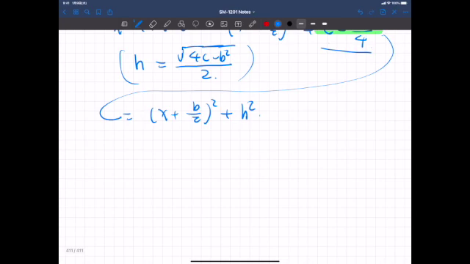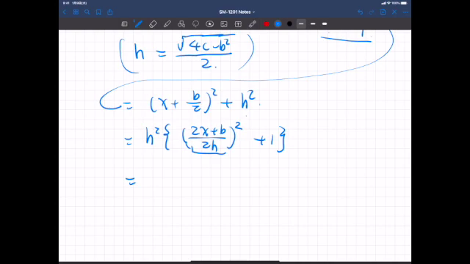Okay, then let's factorize everything by h squared. Then we have (2x plus b over 2h) squared plus 1. Okay, and let's put this thing as z. Okay, then we have z squared plus 1. So z is (2x plus b) over 2h.